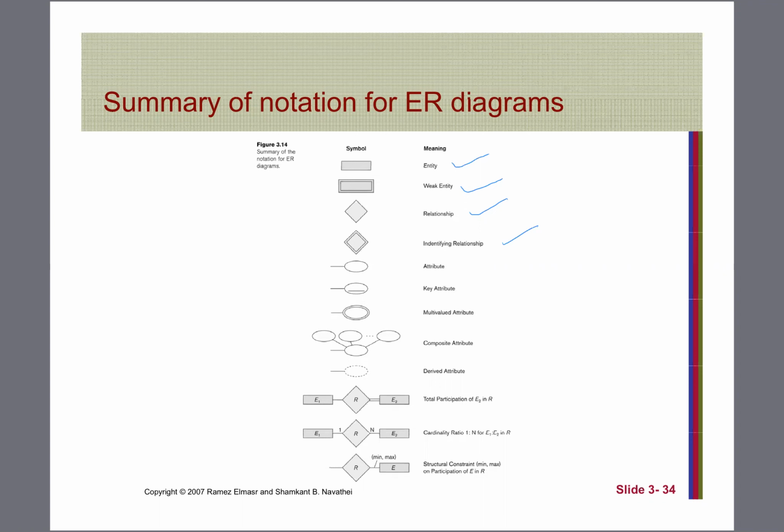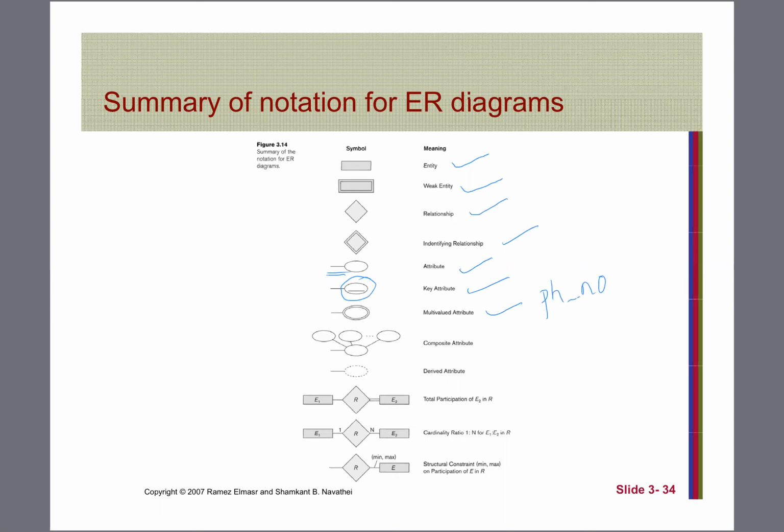Then we can represent the attributes in ovals connected to the entities with the help of a line. Okay. Then we have key attributes being underlined. So you just underline that attribute, it becomes a key attribute. If you have multiple values for a certain attribute, phone number for example, people have a lot of phone numbers.